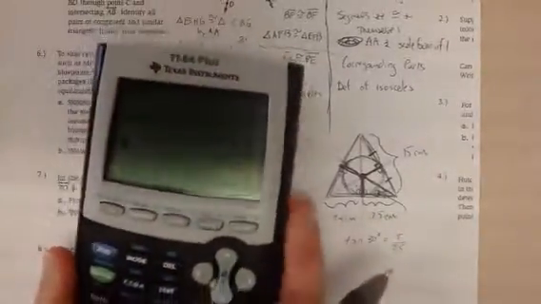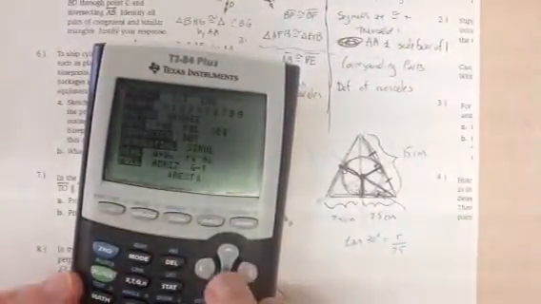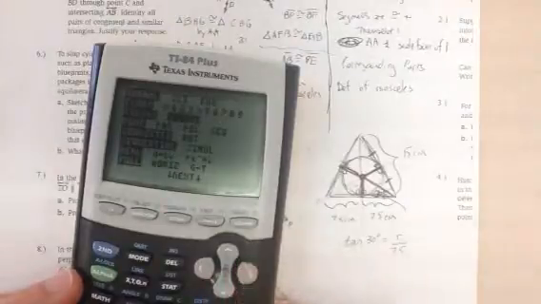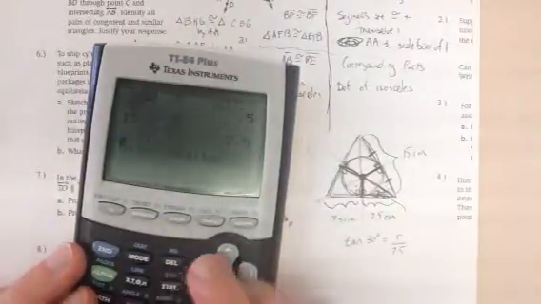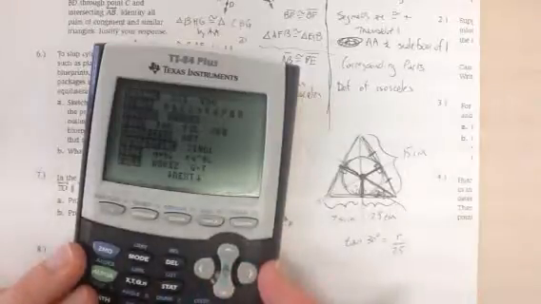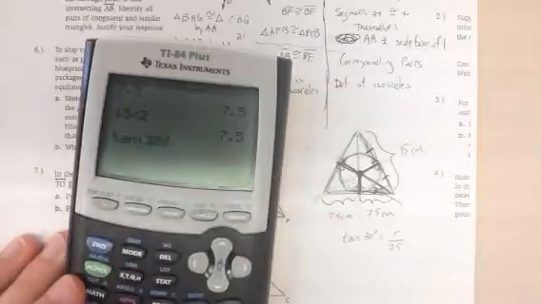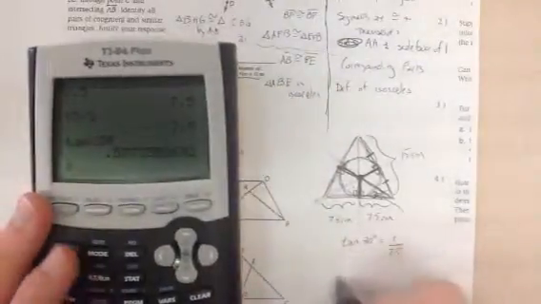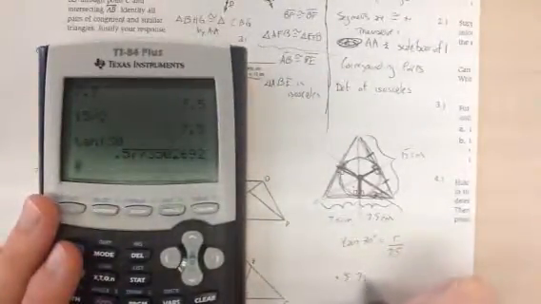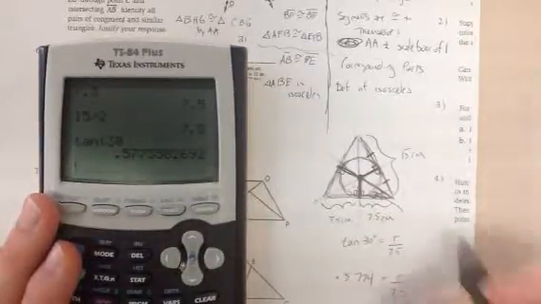So I go to my calculator, and I make sure that it is on degree mode, because I'm working in degrees here. Okay, and then tangent of 30 equals 0.5774, and that's still equal to r over 7.5.